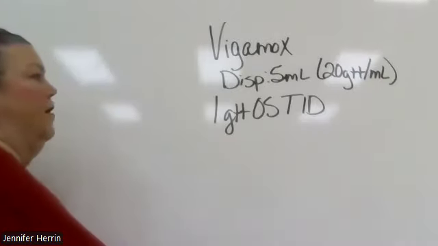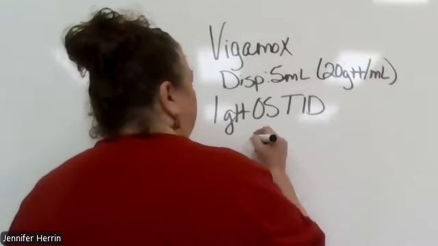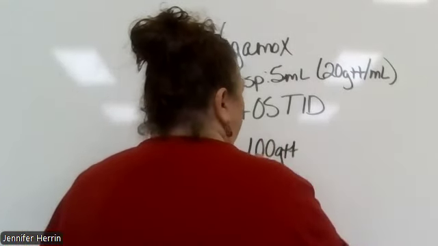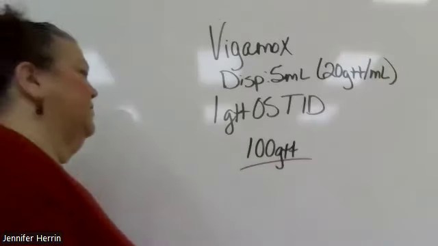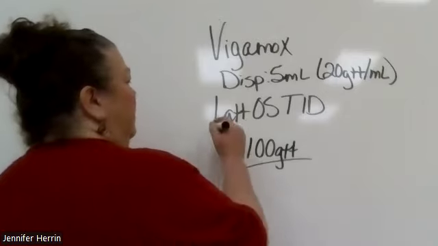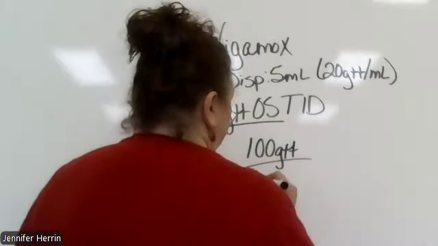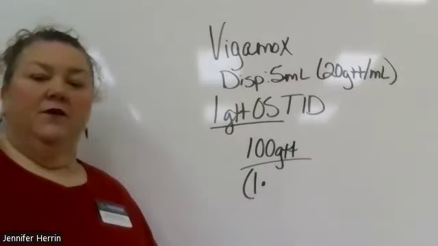So if I've got 20 drops per milliliter and I have 5 milliliters, I have 5 times 20, 100 total drops in this bottle, right? My dose is in the form of drops already. And since I'm only doing that in one eye, my dose is 1. What's my frequency?